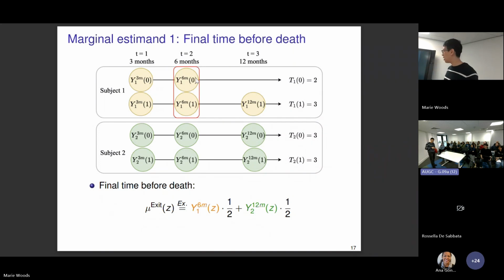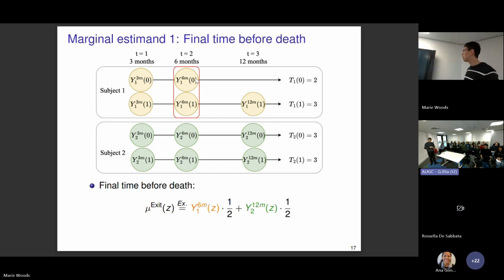Okay, so now what we can do is, instead of looking at a fixed time point and censoring some subjects, for each subject we look at the final time point before death, or the last time point where they would always survive.